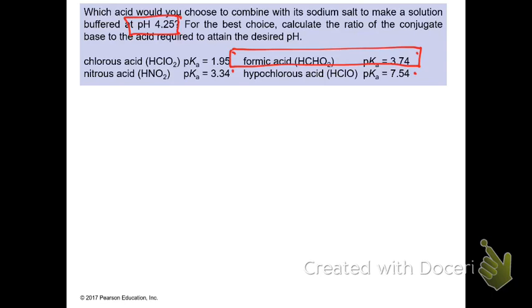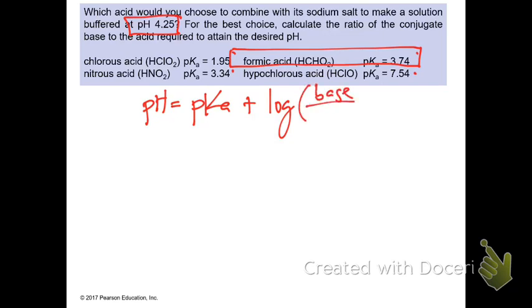So now the second question, calculate the ratio of the conjugate base to the acid required to attain the desired pH. So we know the Henderson-Hasselbalch equation. pH equals pKa plus the log of the base divided by acid. So this is our ratio here.